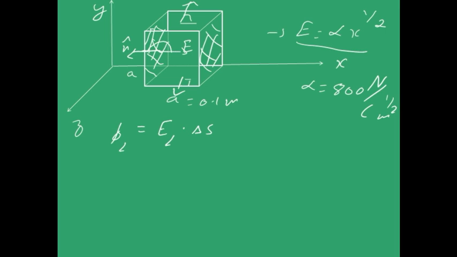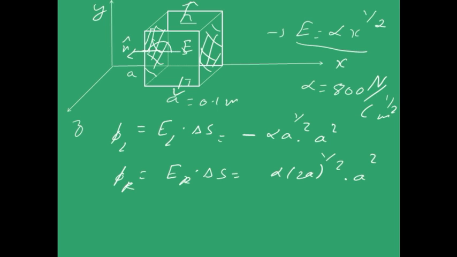So the theta here is 180. EL is alpha, and put x equal to a here. We get alpha a power 1 by 2. Since cos 180 is minus 1, put a minus here, and a square is the area. Similarly, for the right surface, you get alpha into 2a, here it is 2a, right? And the area is the same again.